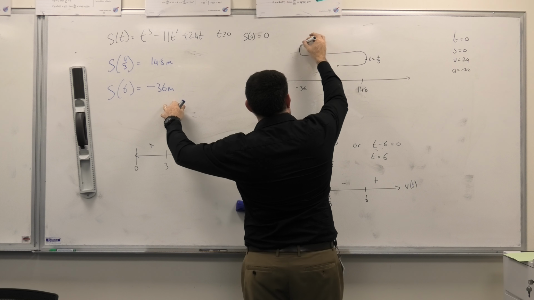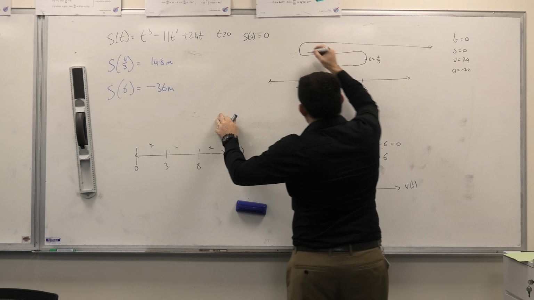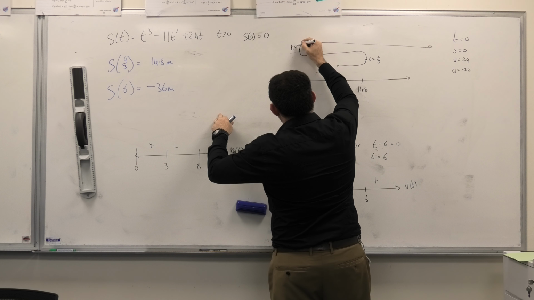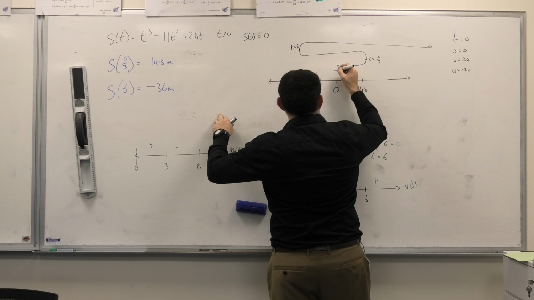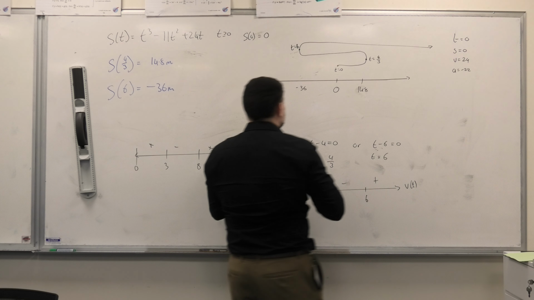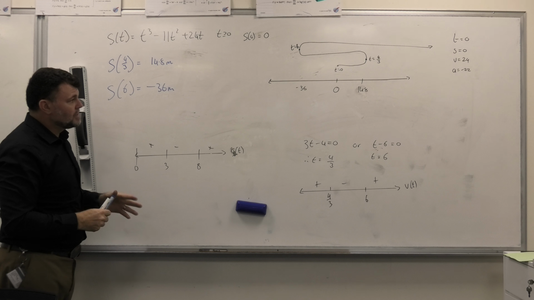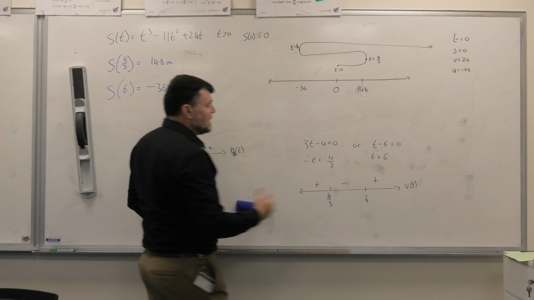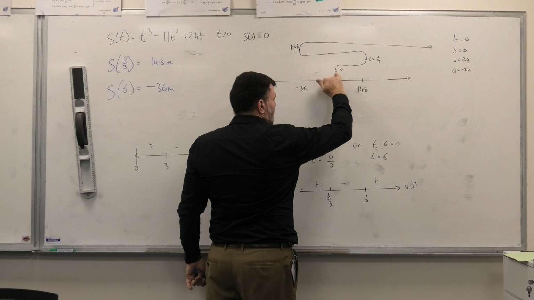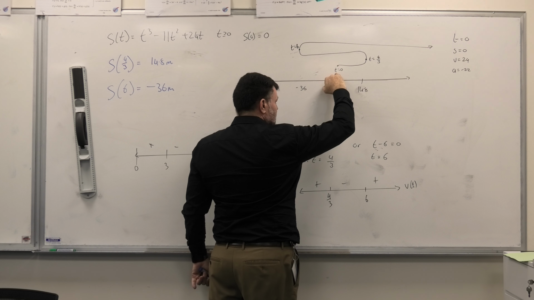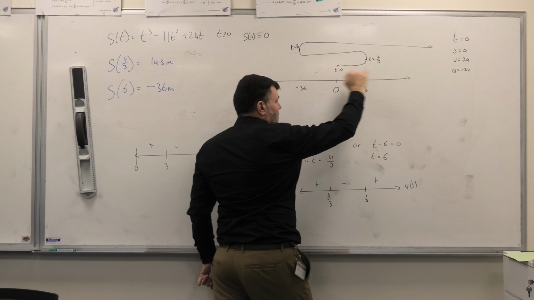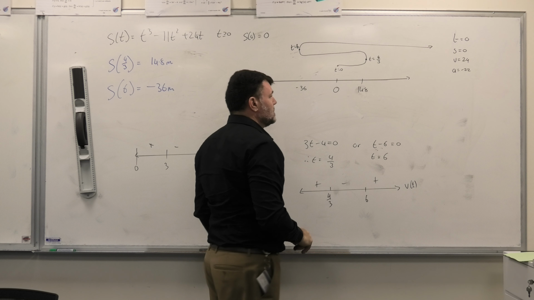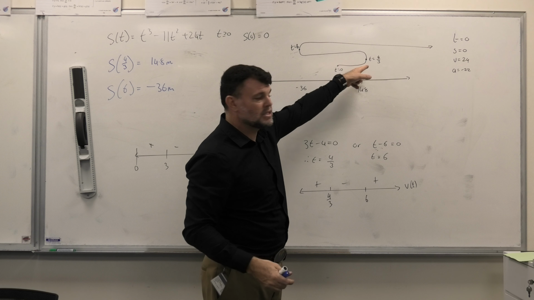So I'll come back up here, and I can say that at t equals 6, that's when I've changed direction again. So this here is saying we can now draw and explain what's happening. Initially, the particle is at origin, traveling at 24 meters per second and decreasing in speed.